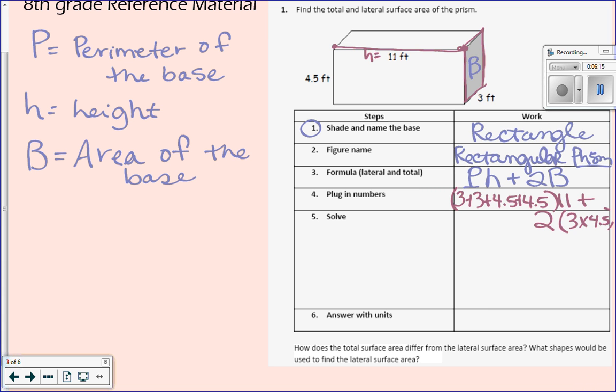Okay, so in your calculator, the perimeter is what? 15 times 11, and then 2 times 13.5.